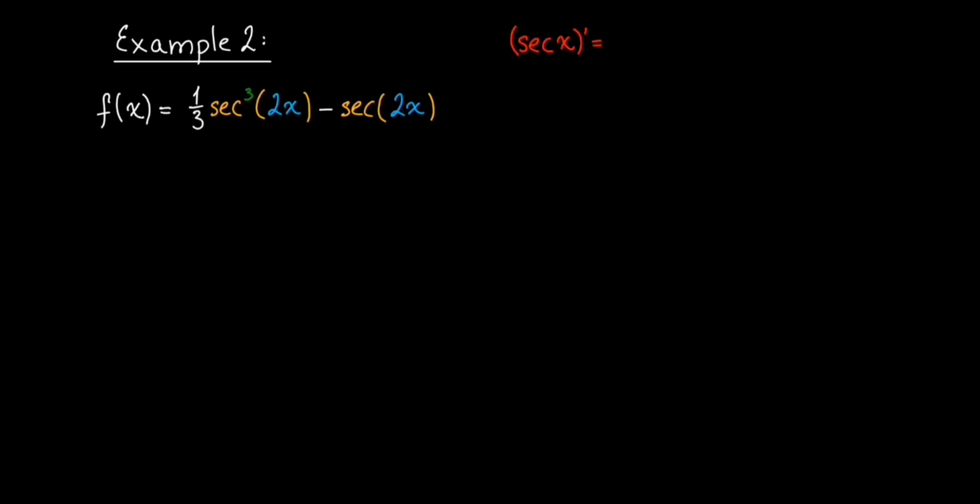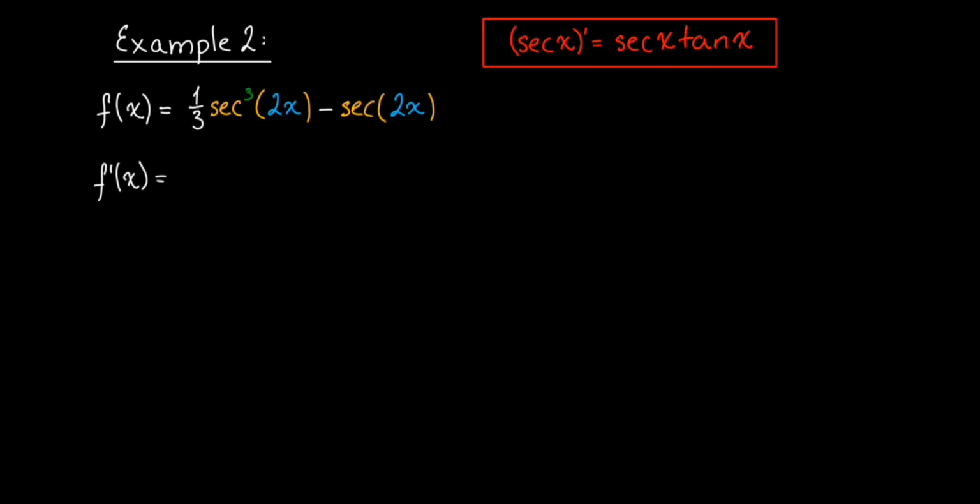Before we get into that, I'm just going to quickly tell you that the derivative of secant is secant x times tangent of x. If you don't believe me, you can simply rewrite secant as 1 over cosine and then do its derivative with the quotient rule. And then after simplification, you will get secant times tangent.